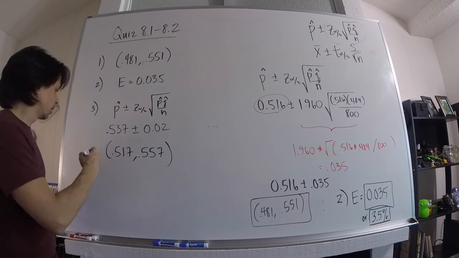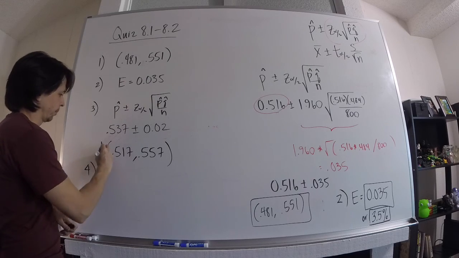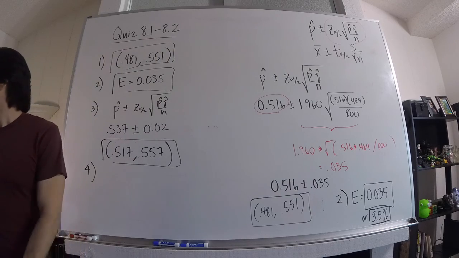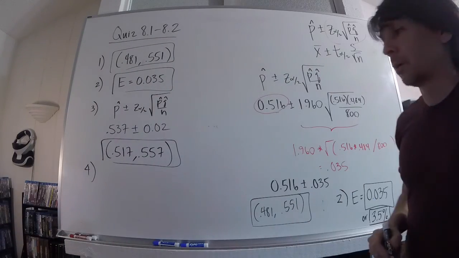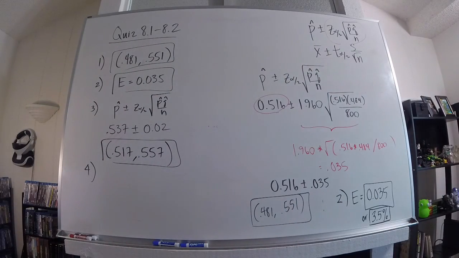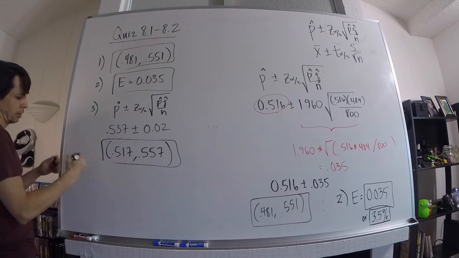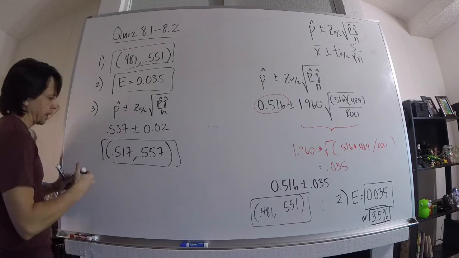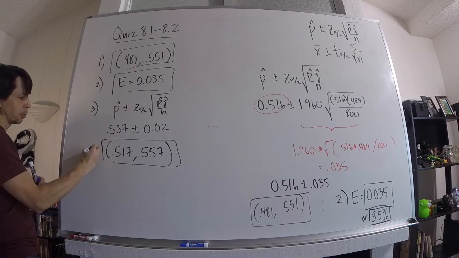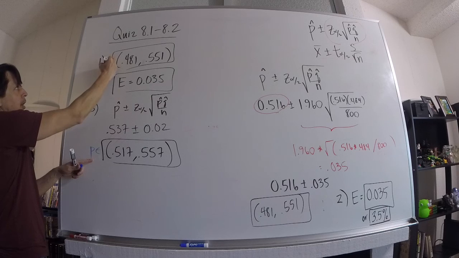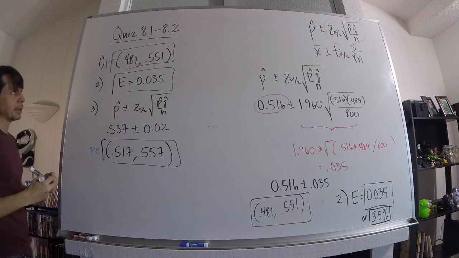Anyway, moving on to number 4. Number 4 says, if it fails to pass, getting only 48.6% of the vote. The idea here is that they were 95% confident that the true percentage p is contained in their interval, and we were 95% confident that the true percentage p will be contained in our interval.